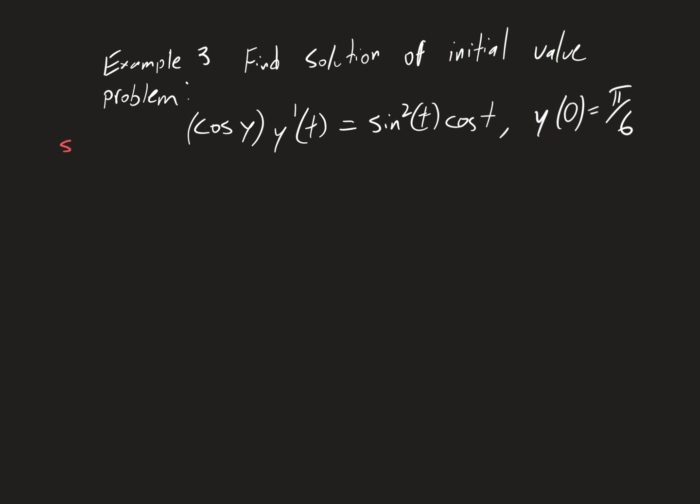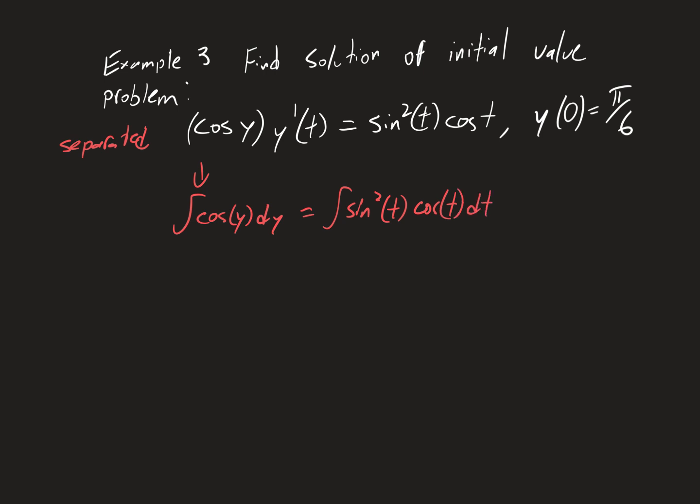These are already separated, kindly enough. So then we don't need to rearrange anything. We're basically ready for the integral step at this point. So what we will end up with is something like this. Integral of cosine y dy equals integral sine squared t cosine t dt.